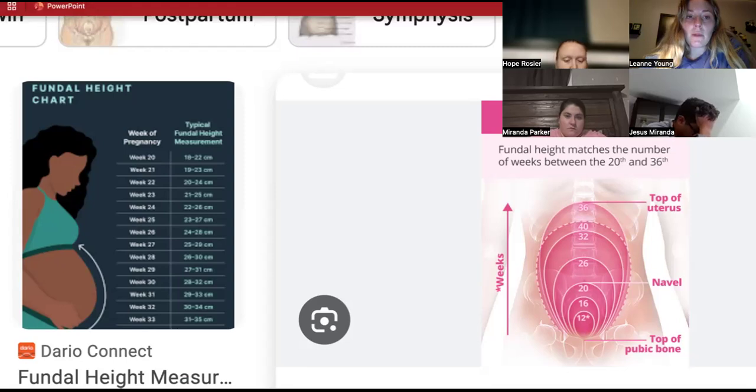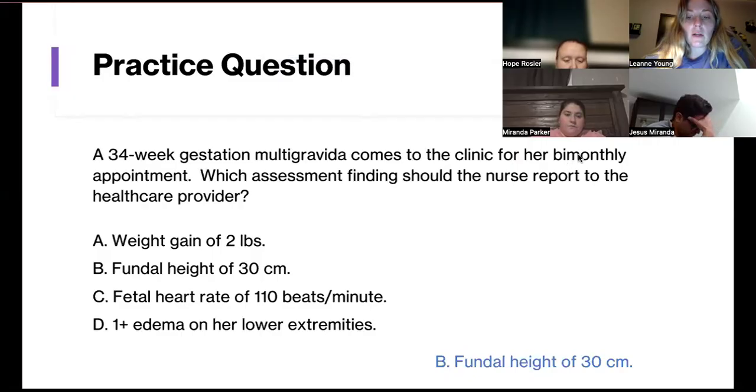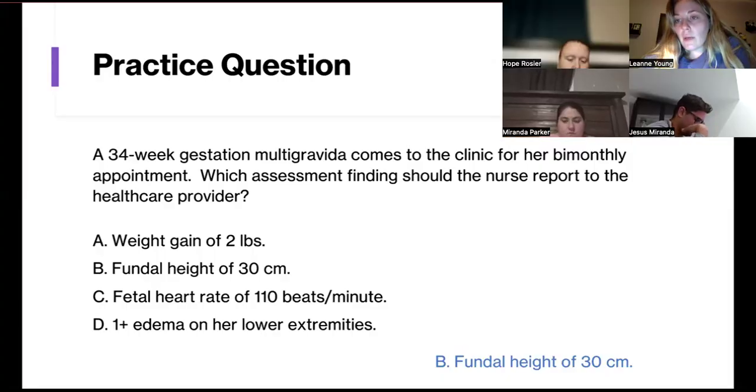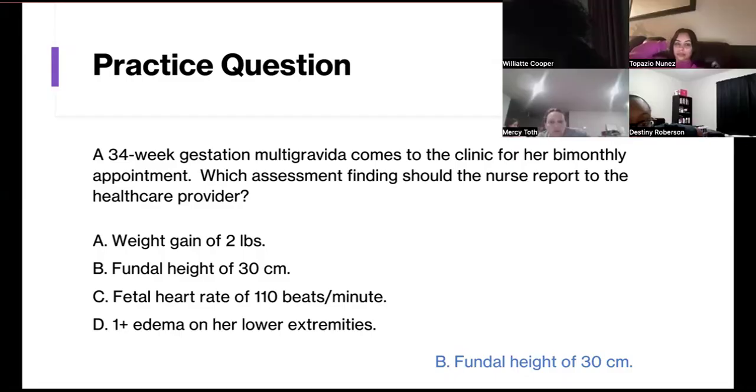So whenever we look at this question and she's 34 weeks and her fundal height is only measuring at 30 centimeters, her fundal height is too small. That could be indicating fetal growth restriction, intrauterine growth restriction, or why is her uterus not growing the way that we need it to? An easy way to think about it is that it should match the number of weeks of pregnancy from 20 weeks.